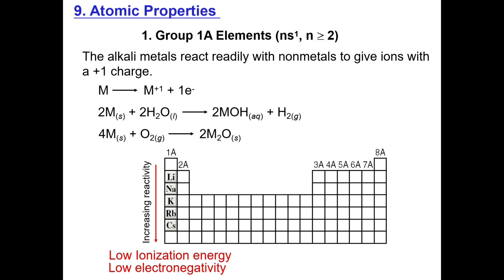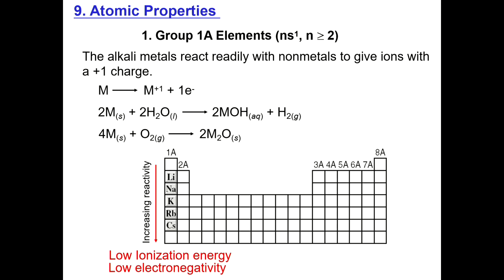Now here we simply introduce atomic properties. Firstly, we introduce the representative elements. For example, the first one is group 1A elements. The properties of elements depend on their electron configuration.